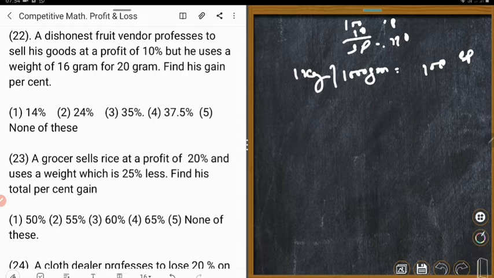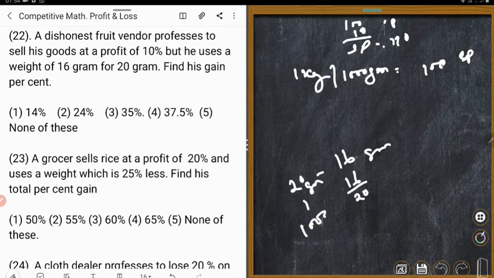Because instead of 1000 he gives 800, that is instead of 20 he gives 16 in gram. 16 upon 20 into 1000 is equal to 800 gram. That means instead of 1000 gram, he gives 800 gram.